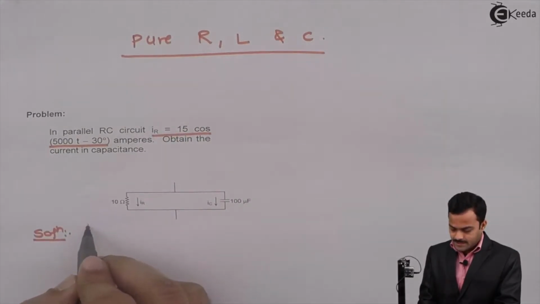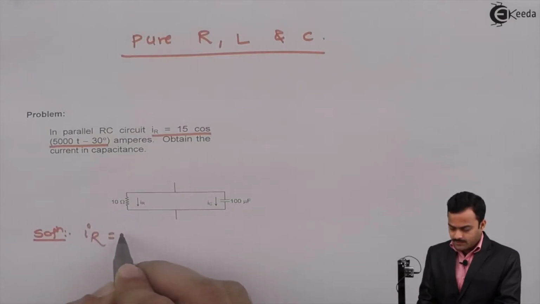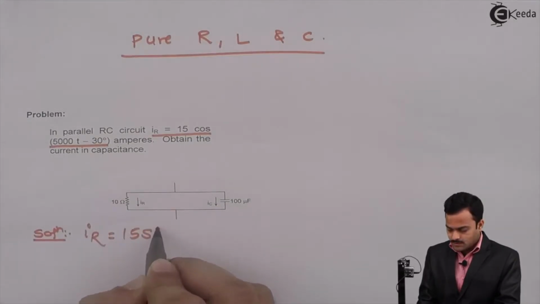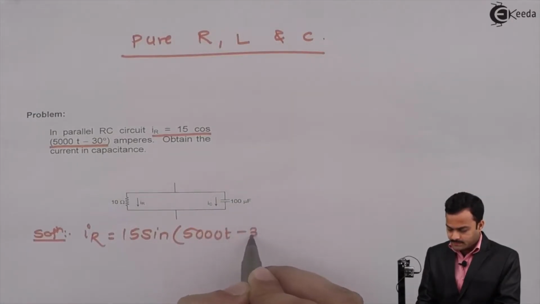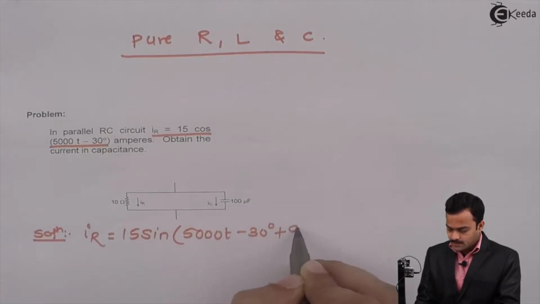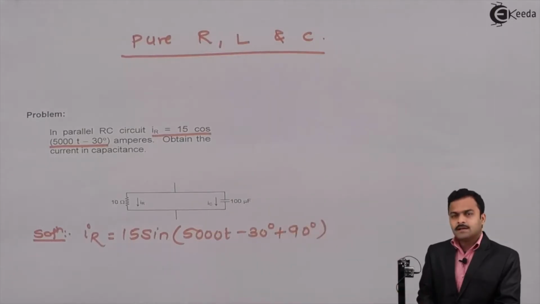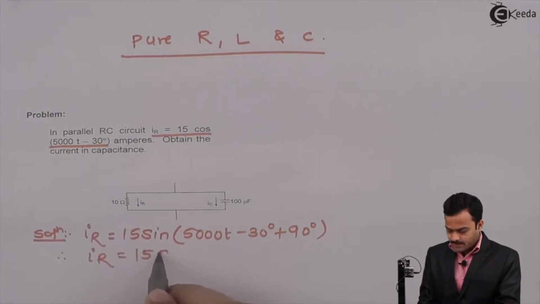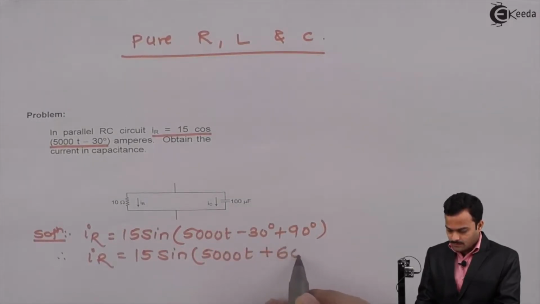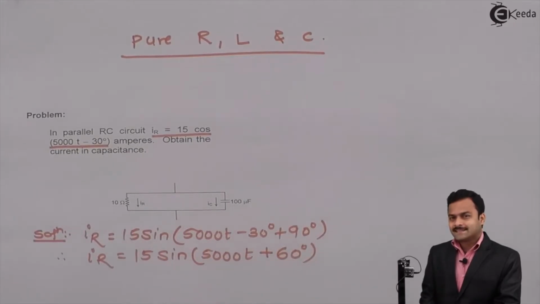Meaning, I can say IR will be 15 sin(5000t - 30 degrees + 90 degrees), so that I get IR as 15 sin(5000t + 60 degrees).